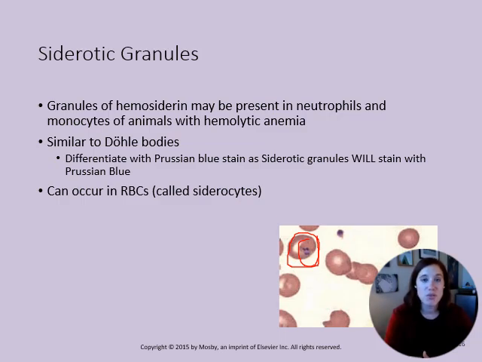So if you were to use DiffQuik stain, like we use for ear cytology, or just in general to stain our blood smears, you are going to be able to see Döhle bodies, but you would not be able to see siderotic granules. The siderotic granules have to have the Prussian blue stain to be able to look at that.